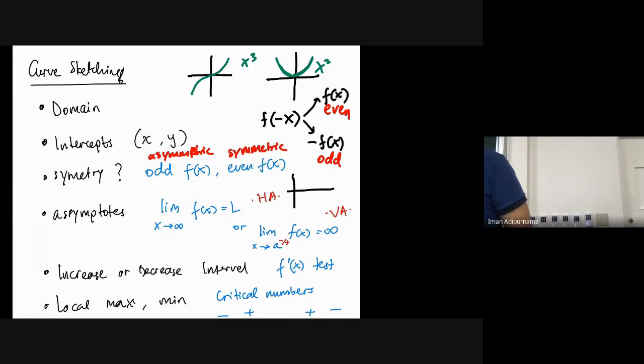Let's say we have it like that, and the red line is your asymptote. This is your graph, so your graph will not cross the asymptote, will not reach the asymptote.